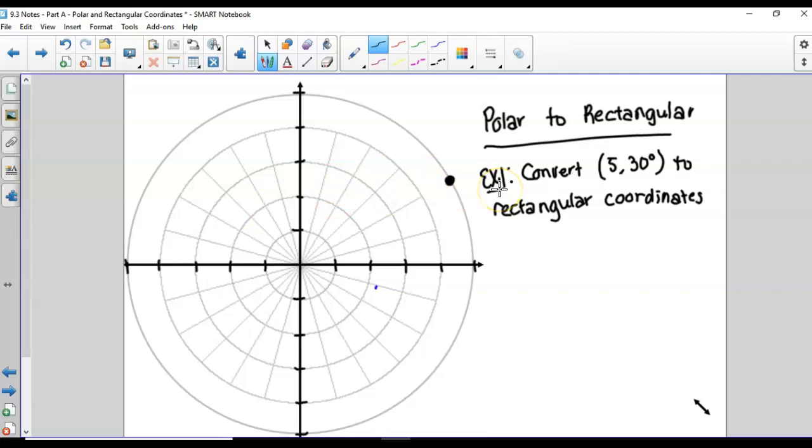Boone, I've been told you're the master of estimating. You can guess the right answer to anything. So if you were just guessing right here at about what the coordinates would be, what would your x coordinate be about?